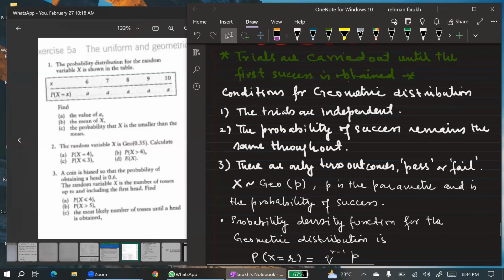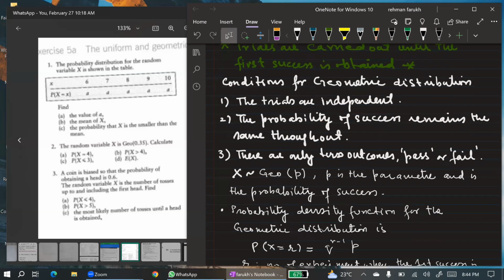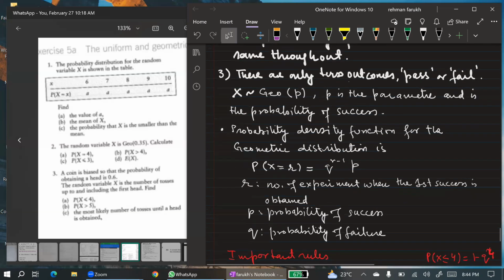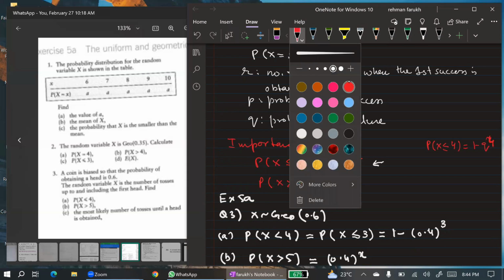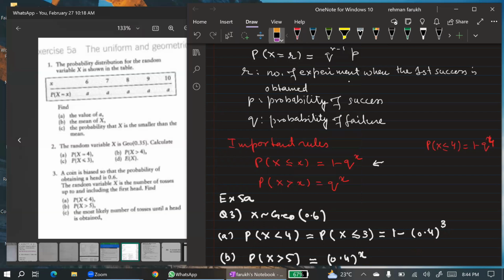In the geometric distribution, the mean is one over p. And the formula for the variance is not in your syllabus.